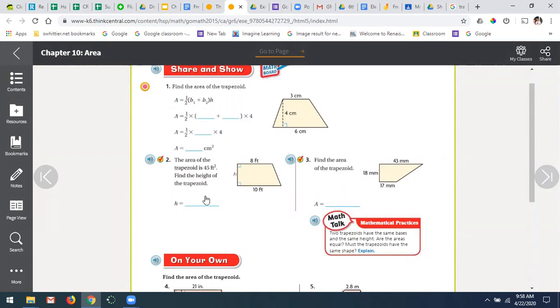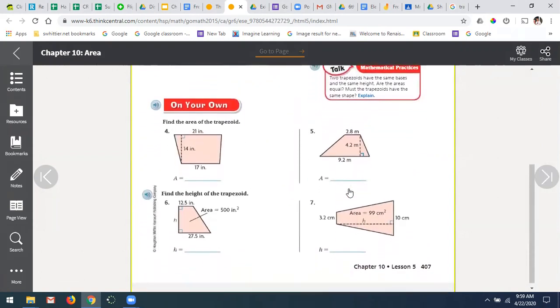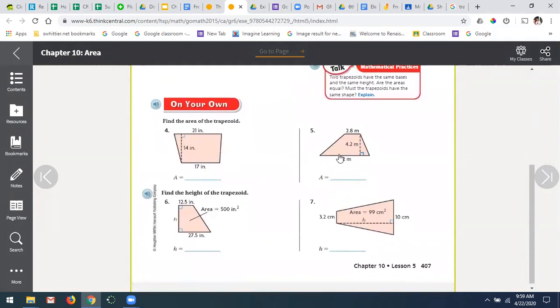Number 2, you're finding the height. So this is just like example 2 on the previous page. These are just like example 1 and the first one on the first page. Again, find the area for number 4 and 5. Find the height. So they give you the area. You have to find the height for number 6 and 7.